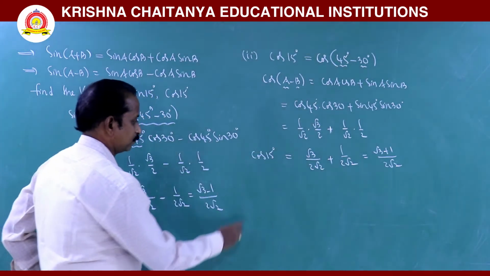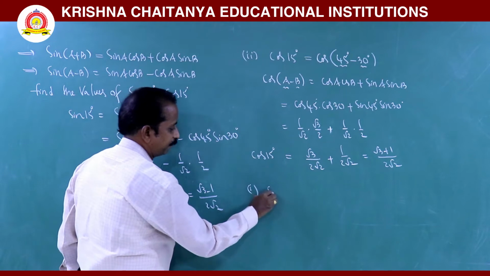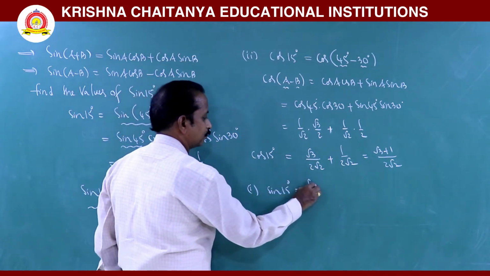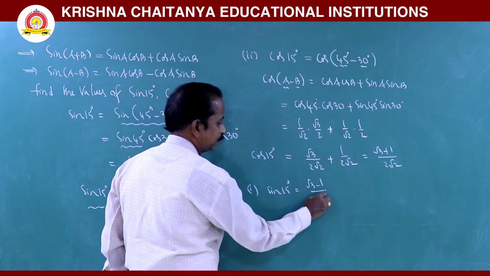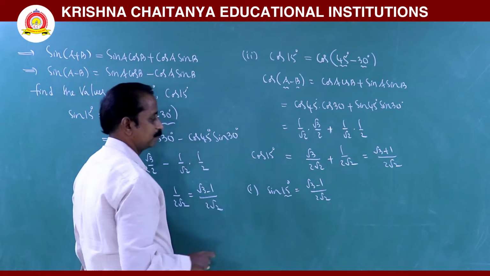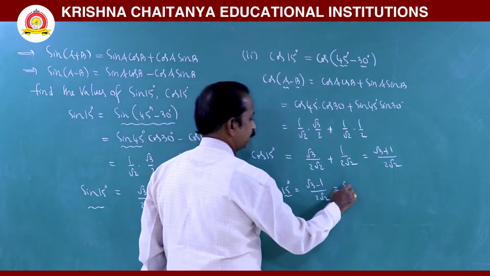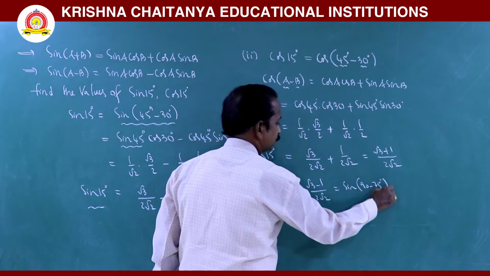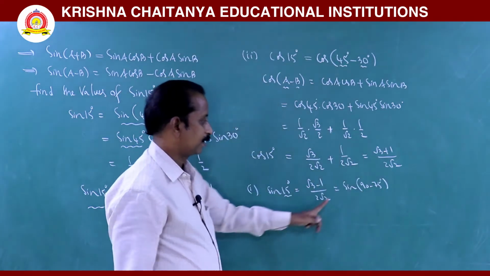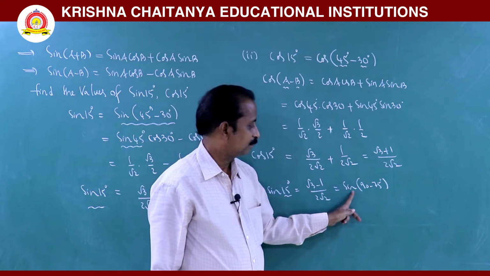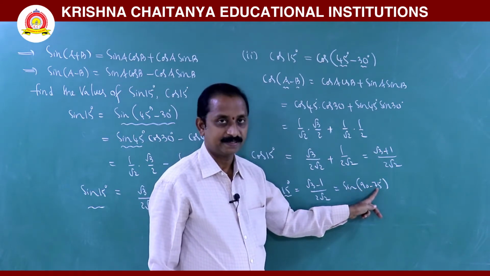So we know the sin 15: root 3 minus 1 by 2 root 2. 15 can also be written as sin of 90 minus 75. 90 minus 75 is 15. So it is in the form sin 90 minus theta.